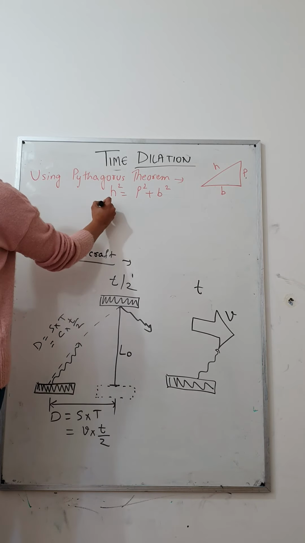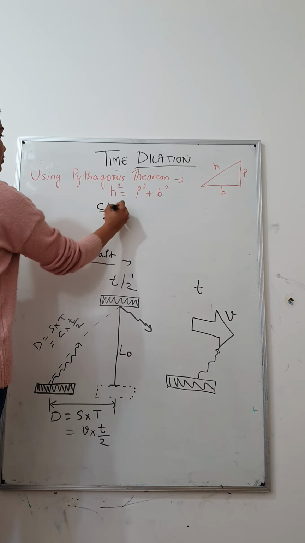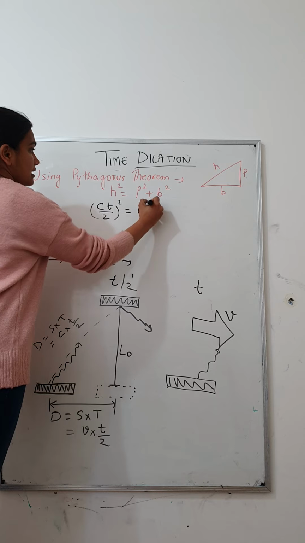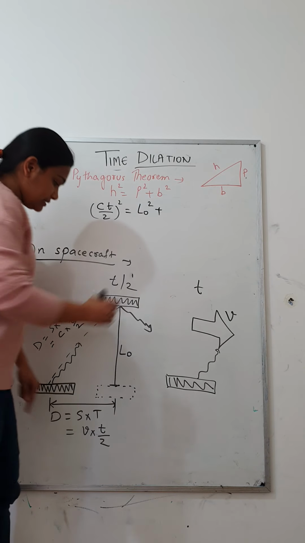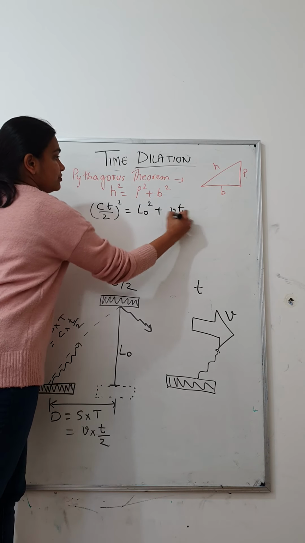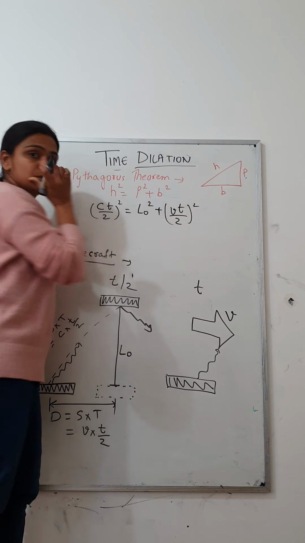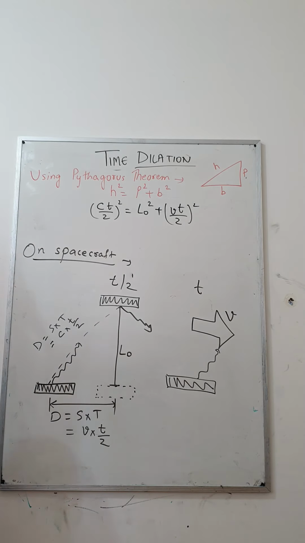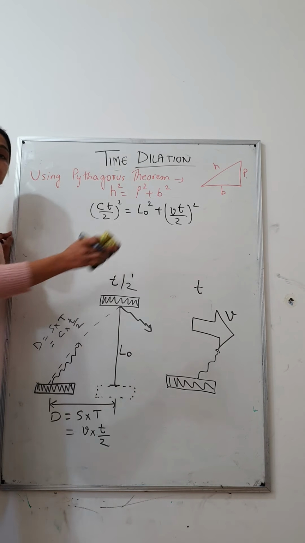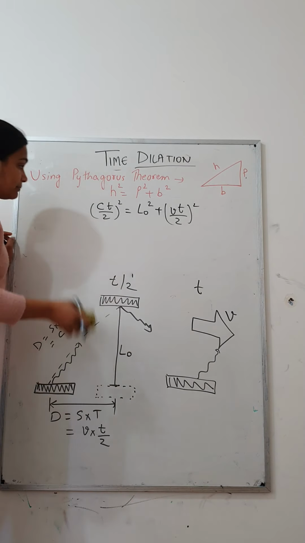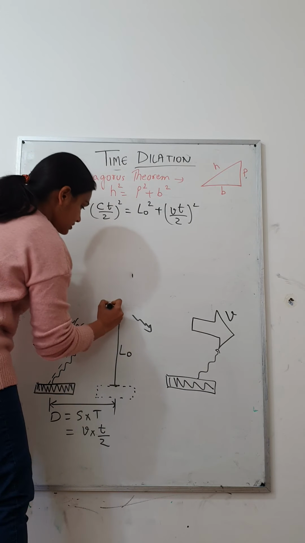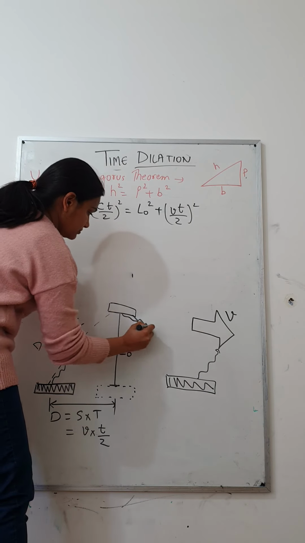So this is (CT over 2) square, perpendicular is L0 square, plus this is (VT by 2) whole square. If you want, you can pause the video, draw the diagram, and do it yourself. Let's draw it a bit down.